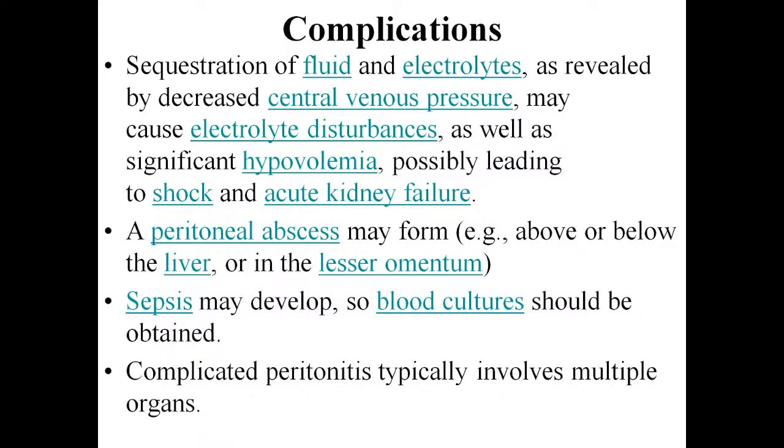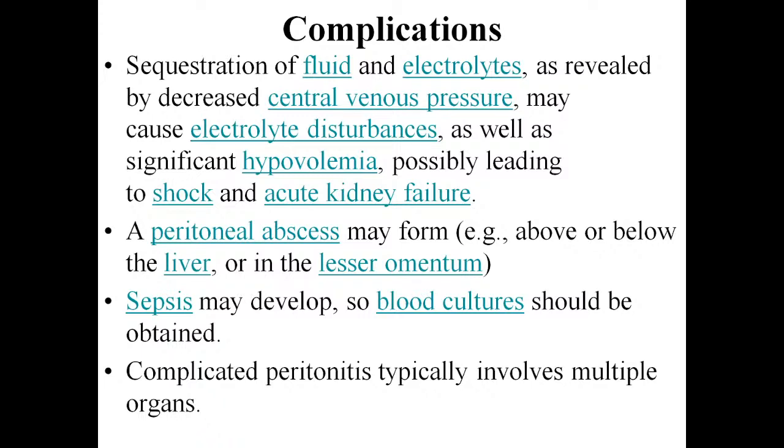Complications of peritonitis. First is sequestration of fluid and electrolytes, as reflected by decreased central venous pressure. It may cause electrolyte disturbance as well as significant hypovolemia, possibly leading to shock and acute kidney failure. Next complication is peritoneal abscess.